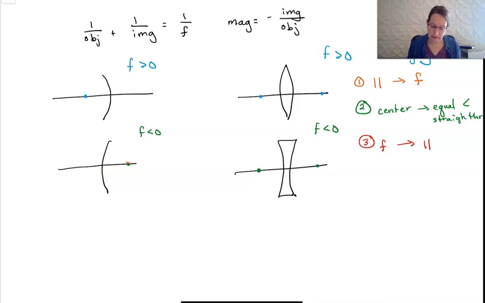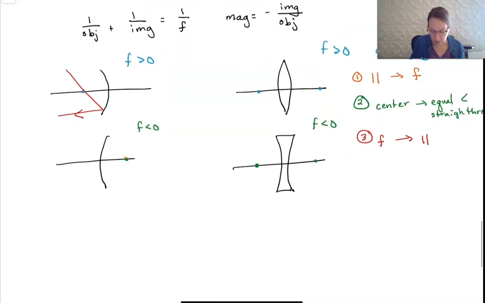That one is going to come through a focal point like this and then go back out parallel, or if your object is above the axis, which is usually the case, you would send your ray like this and then come back out. Okay, same thing, it would look like it's coming from the focal point, so it's coming in like this, and then it comes back out parallel.